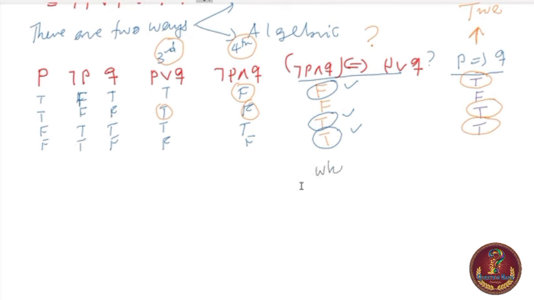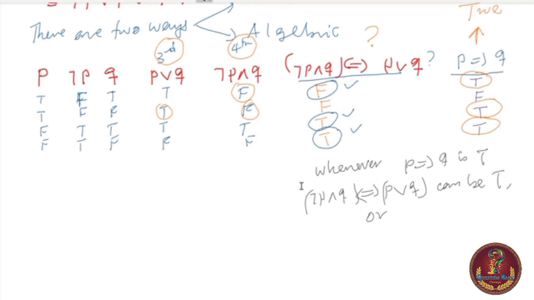Whenever P implies Q is true, the negation of P and Q by implies P or Q can be true or also can be false, as we have seen.